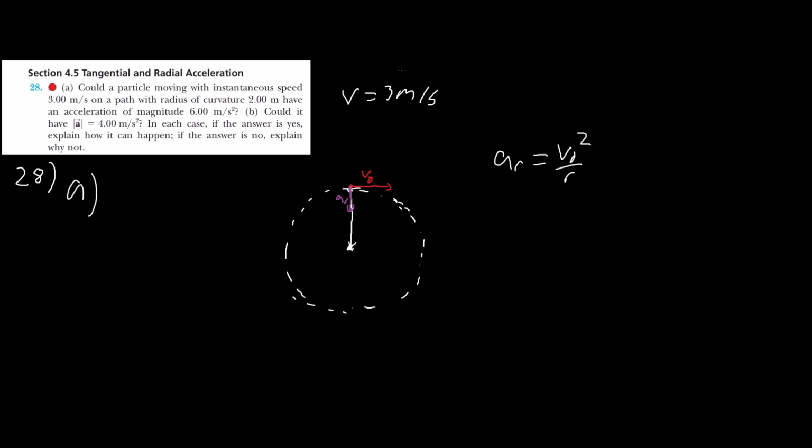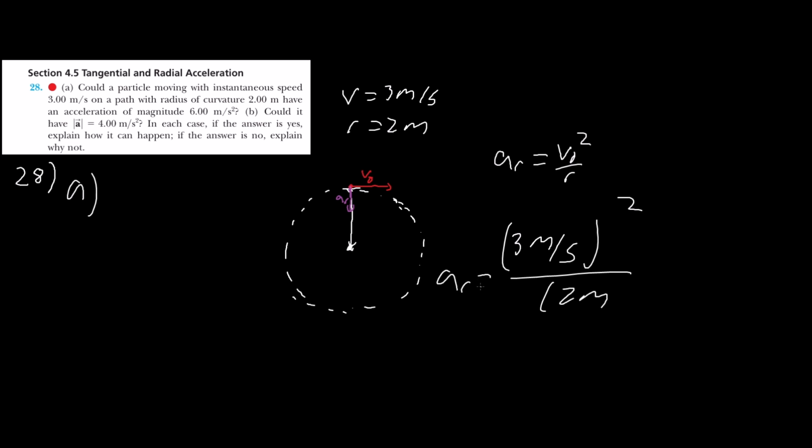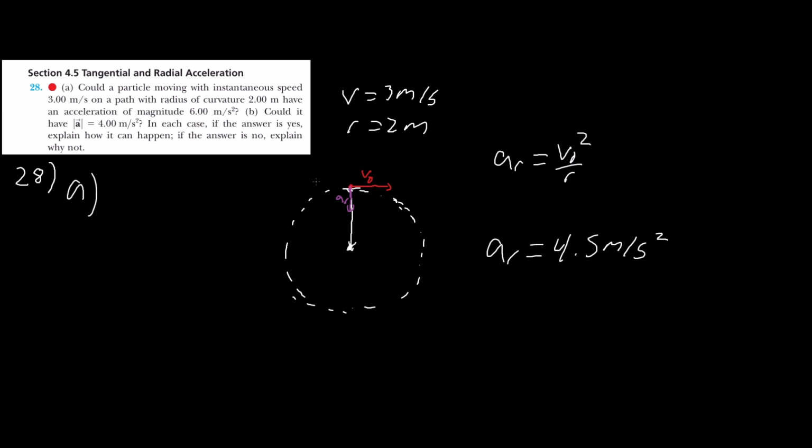Well, I say constant speed, but realistically, the speed could vary. And you have a radius of 2 meters. So that being said, folks, 3 meters per second, v squared over r, which is 2 meters, is going to be the a radial. So a radial is going to be 4.5 meters per second squared.